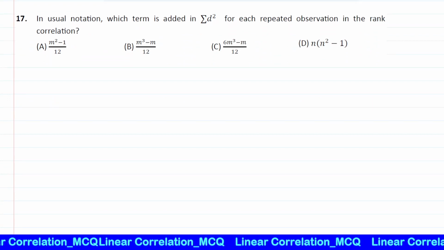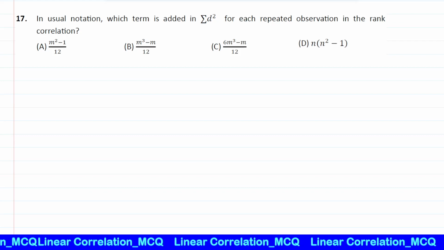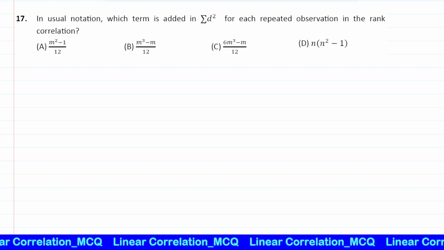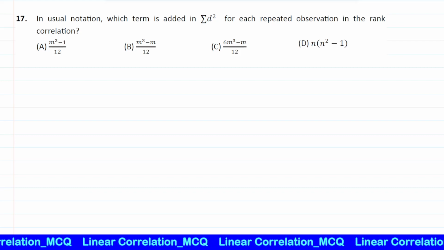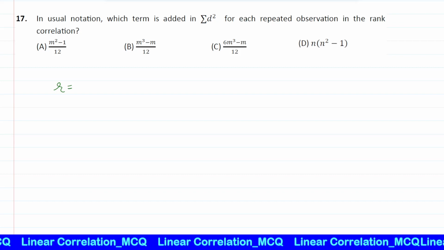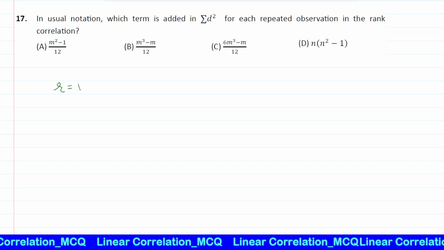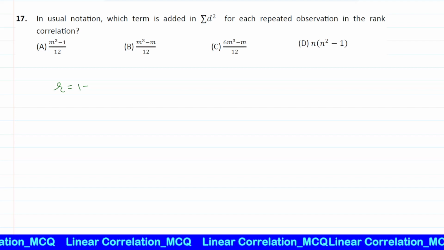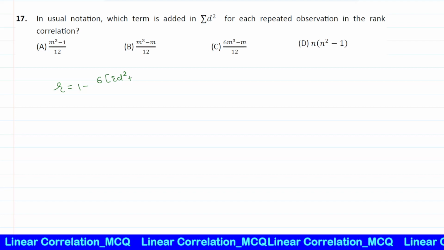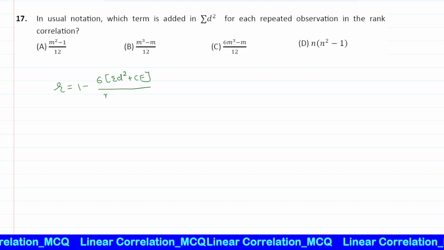Question number 17. In usual notation, which term is added in sigma d square for each repeated observation in the rank correlation? When observations are repeated in the rank correlation coefficient, the formula is 1 minus 6 in brackets sigma d square plus CF, divided by n into n square minus 1.